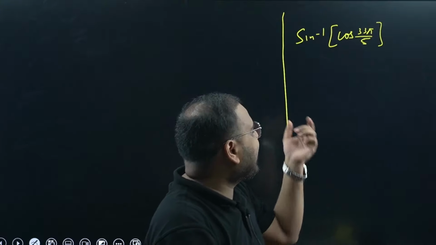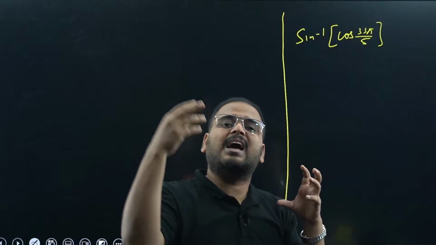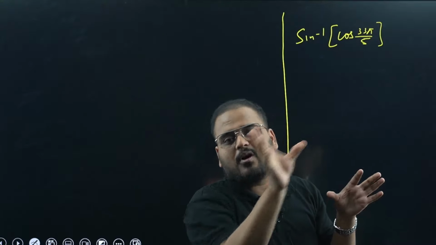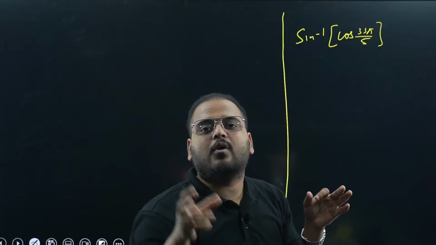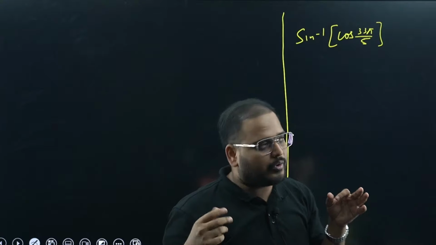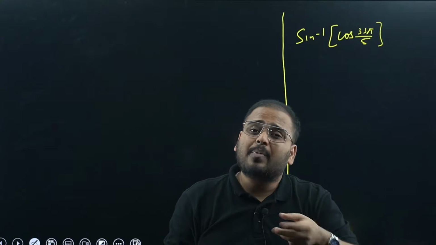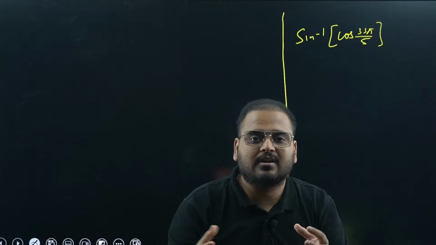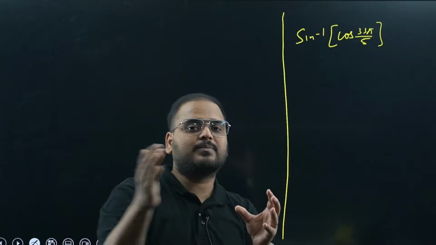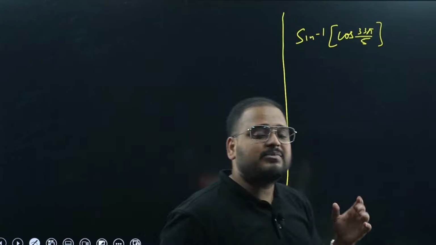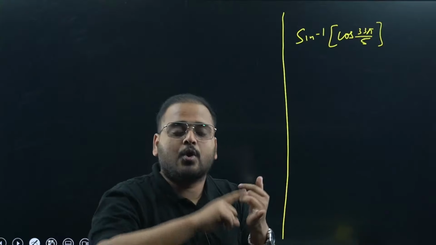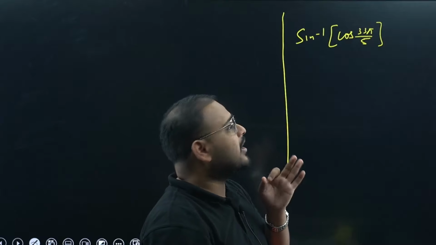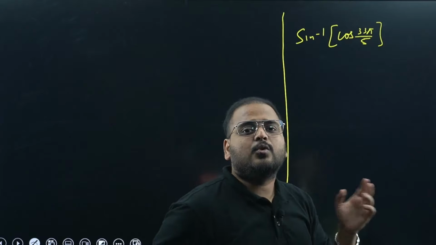At pi, the ratios remain the same, and we can determine the sign from the quadrant rule, where the ratios are positive. Why 2 pi? Because the functions are periodic, and for sine and cos, 2 pi is the period, meaning after 2 pi the value keeps repeating itself. So I'm asking you to transform the angle at pi by 2, pi or 2 pi, whichever suits the particular question, with no restriction at all.